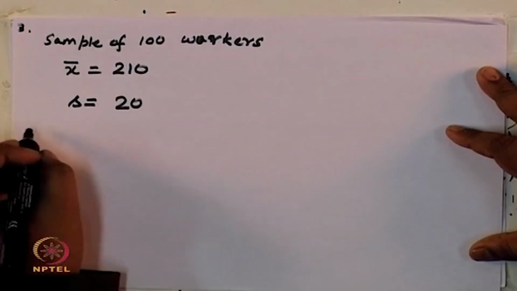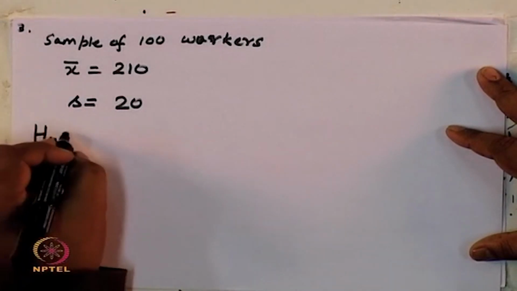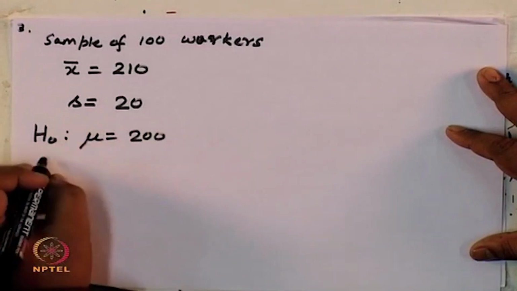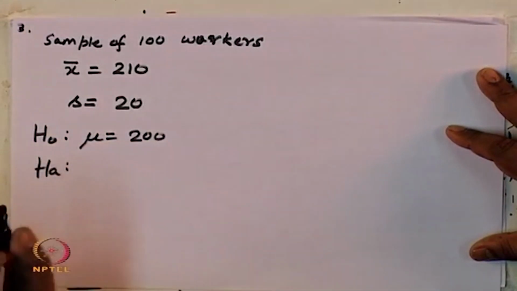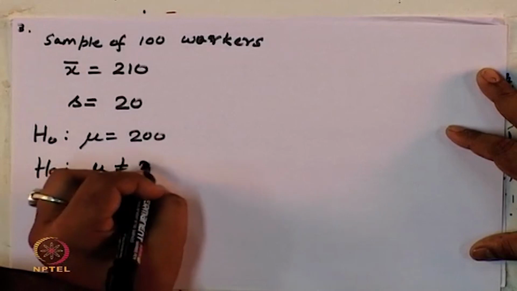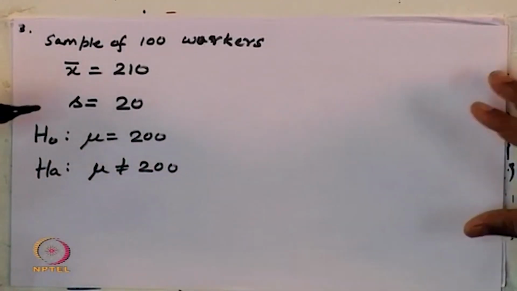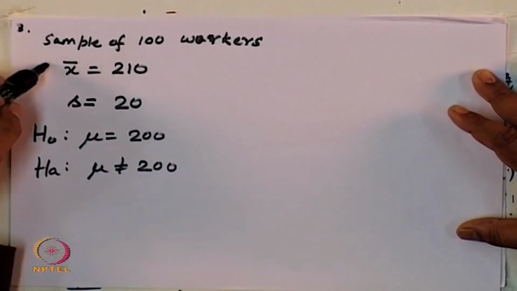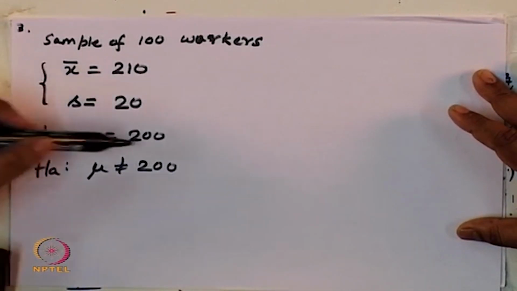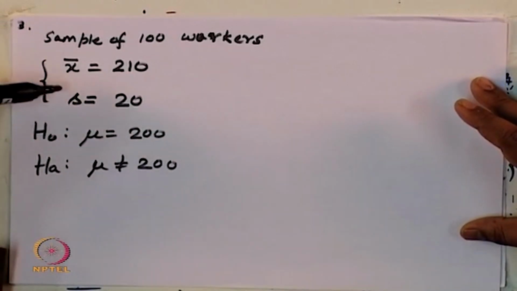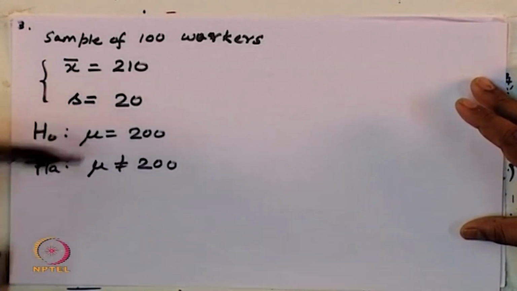As before, let me rewrite: H naught is mu equal to 200, H A is mu not equal to 200. How do I draw a conclusion whether this statistic is drastically different, and the mean obtained from this sample is different from this?